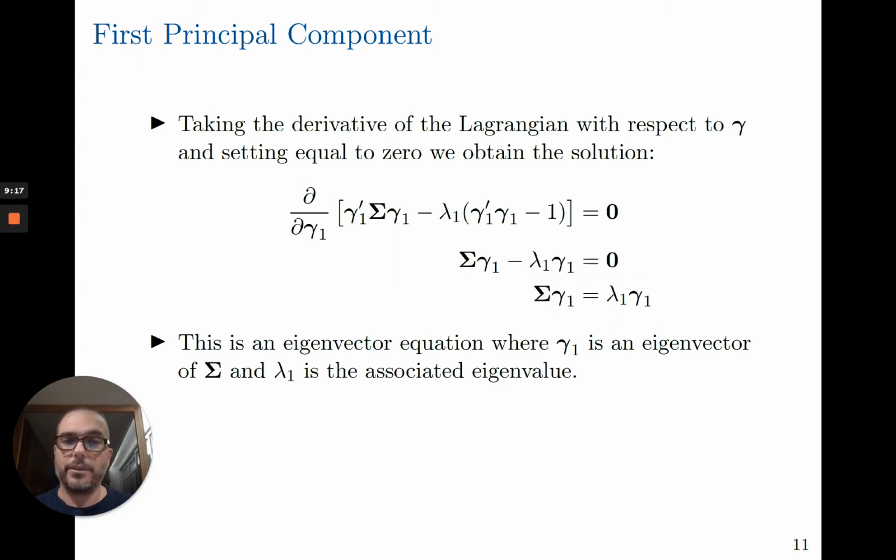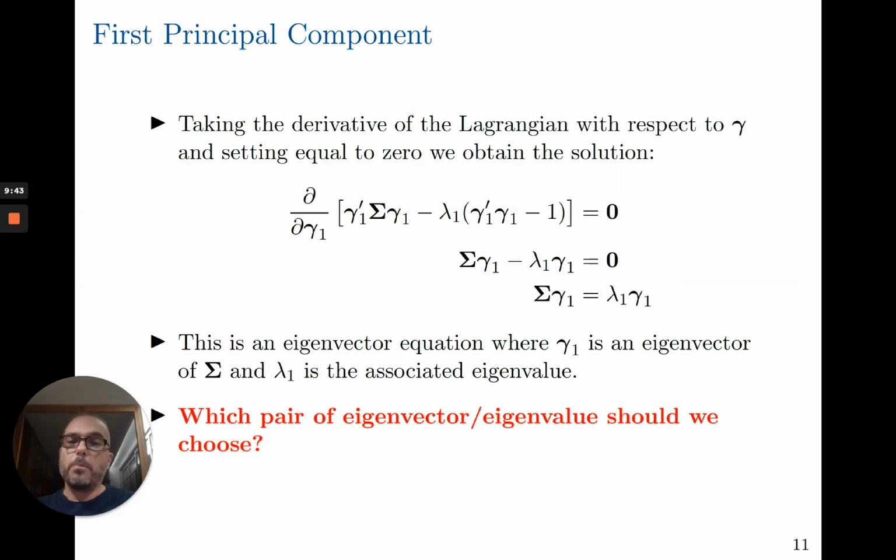This is the eigenvector, this is the eigenvalue, and the eigenvector again. That's how we solve eigenvalue, eigenvector problems. So lambda 1 is the eigenvalue associated with the eigenvector gamma 1.